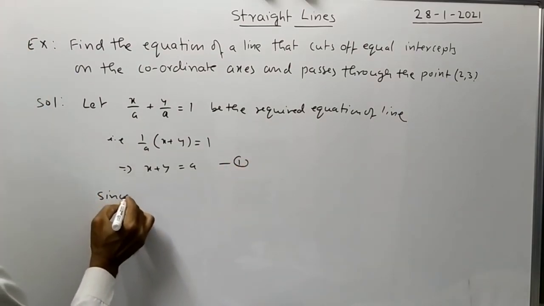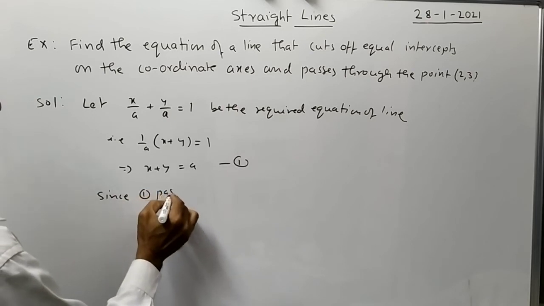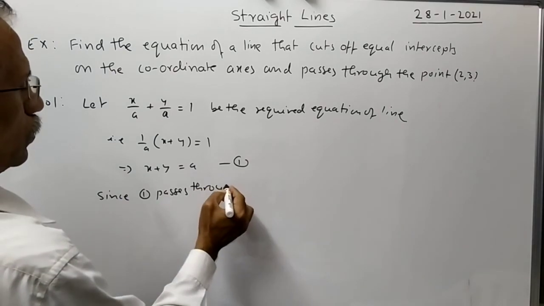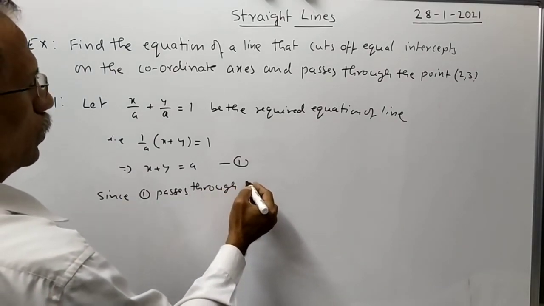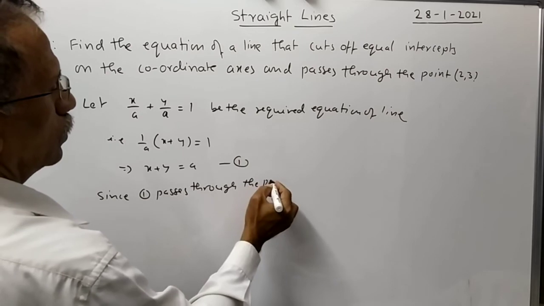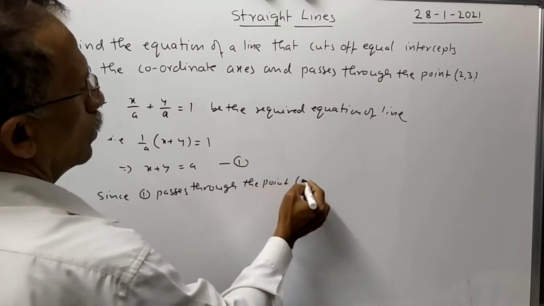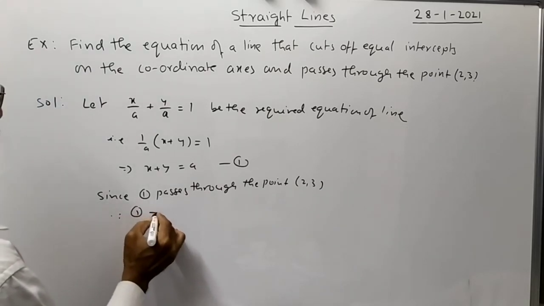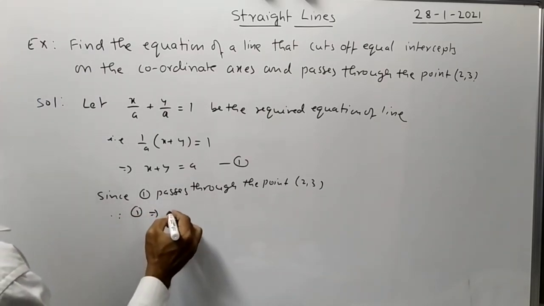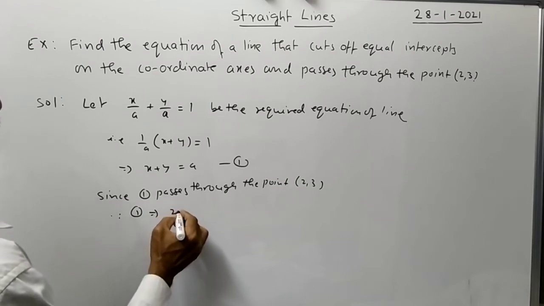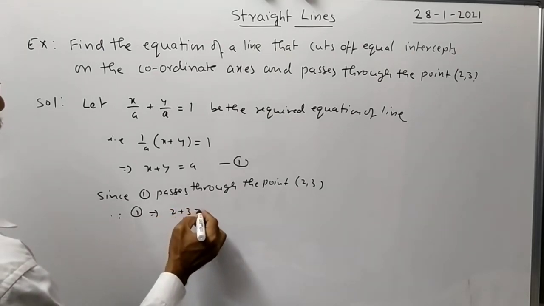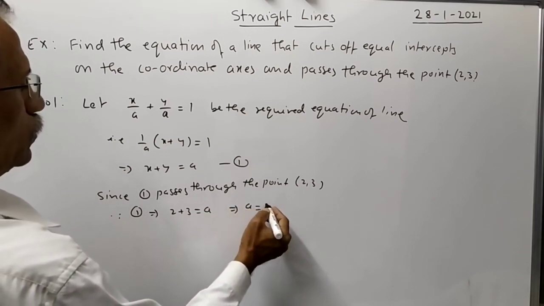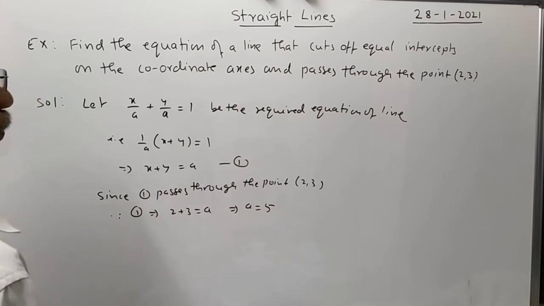Since 1 passes through the point with coordinates 2, 3, therefore 1 implies 2 plus 3 is equal to a. This implies a is equal to 5.